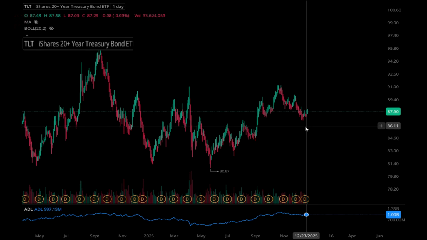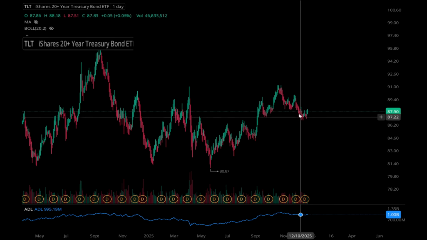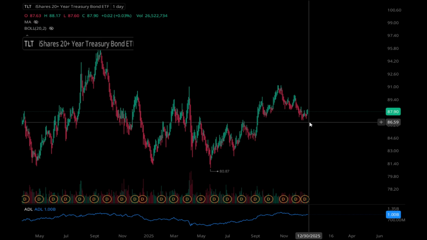Very likely tomorrow I will be adding on to some of those March positions. I probably want to try to take some 92 call strikes as well. I will check the prices in a little bit, but I do see a lot of upside. I see a lot of catalysts that can push TLT very quickly into that 95 plus area, very easily.